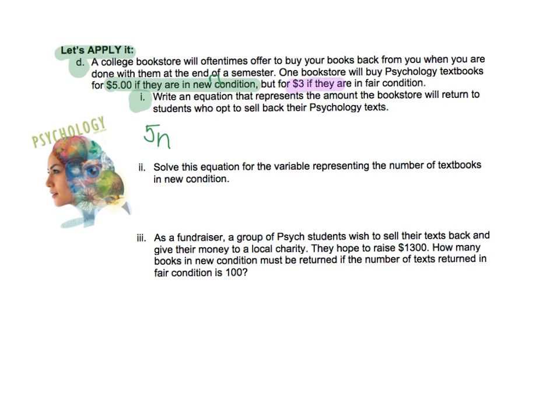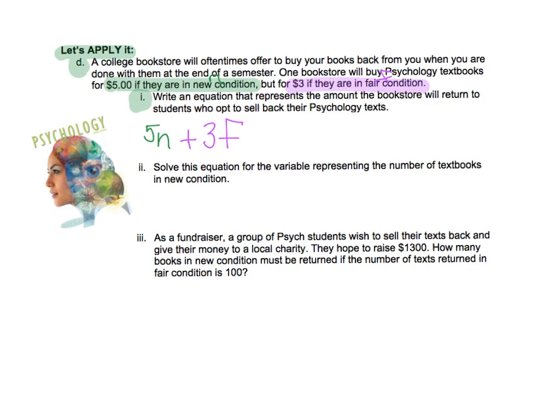So if it's $3 in fair condition, that means that if I return one fair condition book, I'd get $3. 2 would be $6. 3 would be $9. So this would be 3, we'll call it F for fair condition.